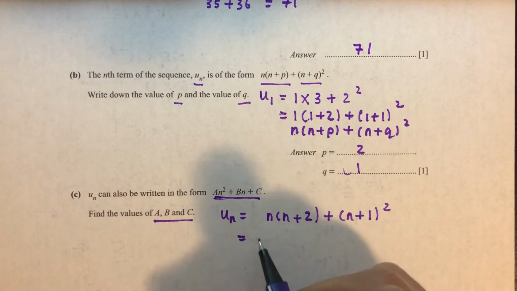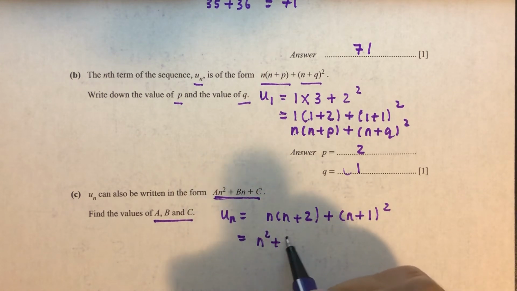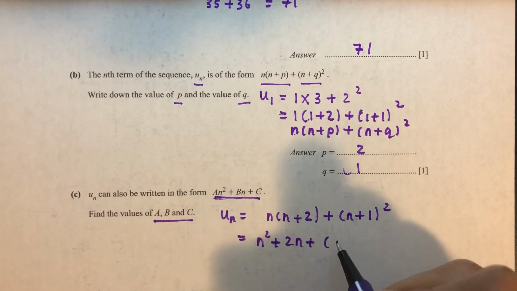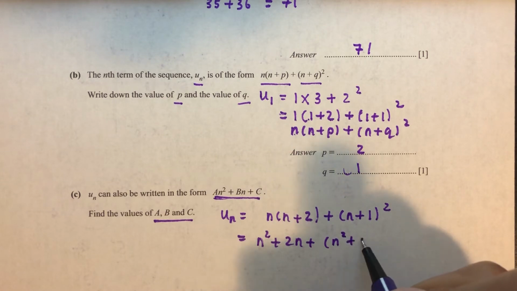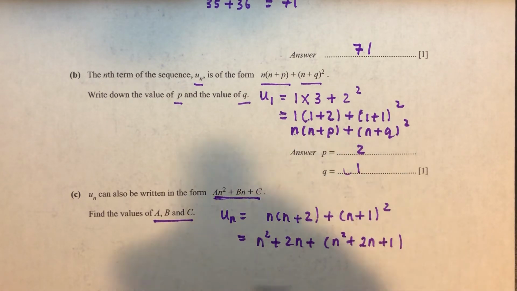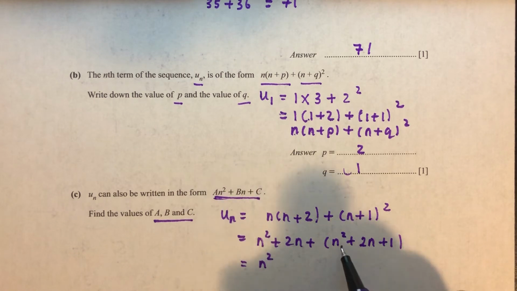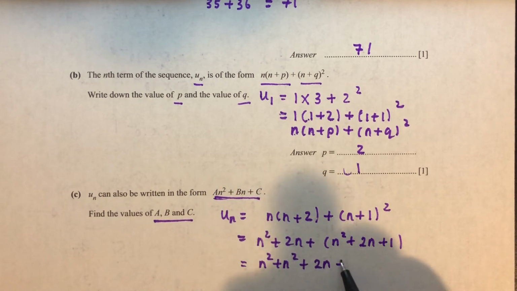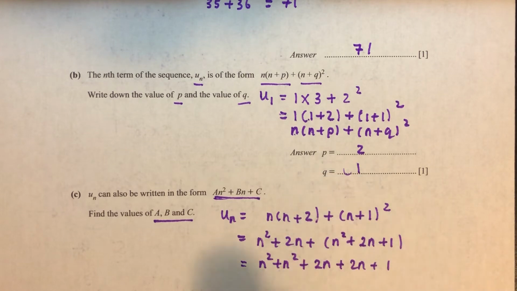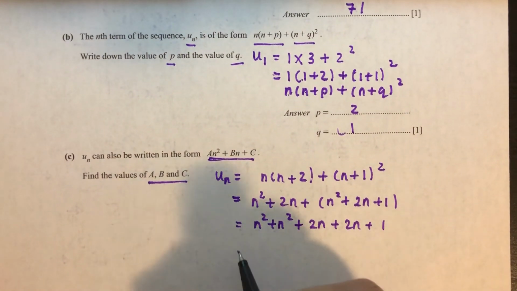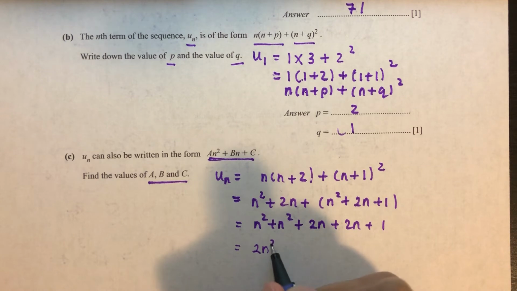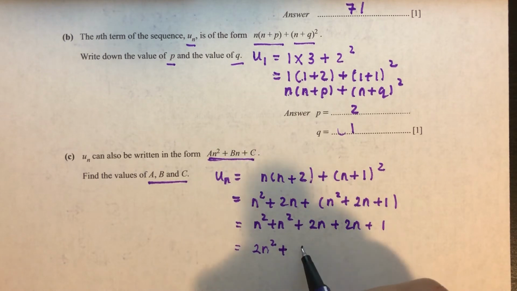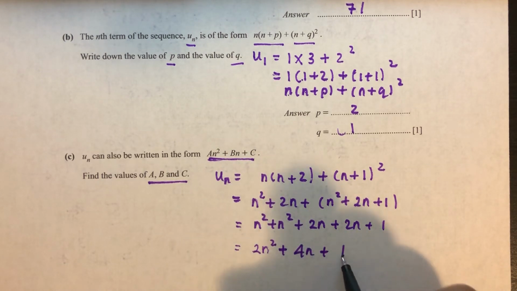n times n is n square plus 2n plus, that will be n square plus 2n plus 1. So n square plus n square plus 2n plus 2n plus 1. So that will give us 2n square plus 4n plus 1.